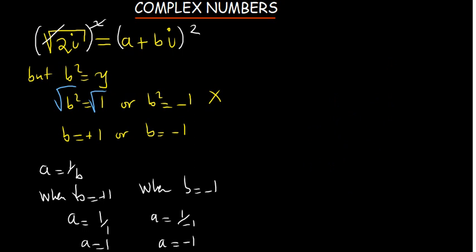Therefore, we'll now go back to where we started from. We said square root of 2i is equal to a plus bi. But what is a? When a is 1, b is going to be equal to 1. So we'll put a as 1 here, we'll put b as 1 there. So that will be 1 plus i.